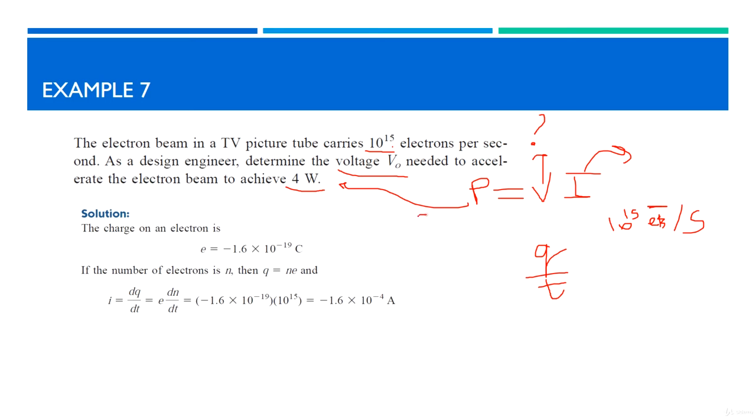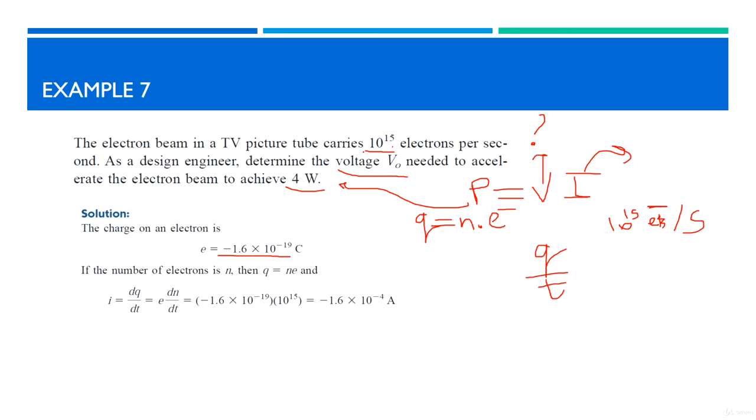You know that the q, which is the charge, is equal to number of electrons multiplied by the charge of one electron, right? So we have here e is negative 1.6 10 power negative 19 coulomb. This is the value of one electron, and we have 10 power 15 electrons.